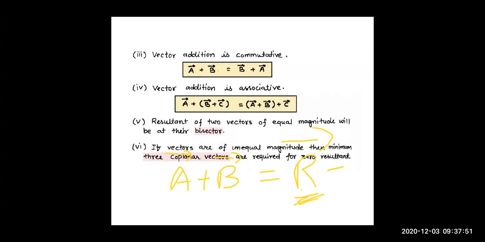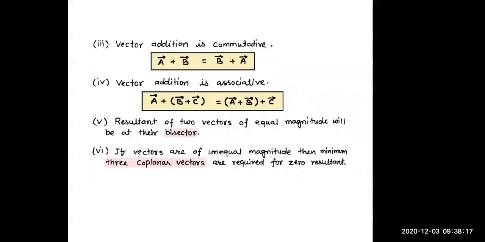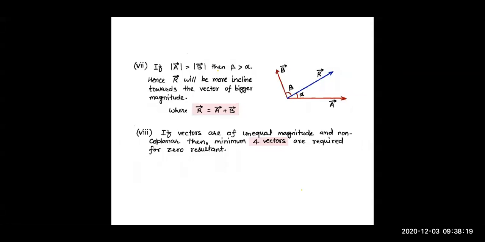So if it is in the opposite direction, you will have a minus sign, and as its magnitude is equal, it would be minus R. So then the resultant will be 0. Yes, children. So for getting the resultant of unequal magnitude vectors 0, we require minimum 3 coplanar vectors, means 3 vectors in a plane, right children?